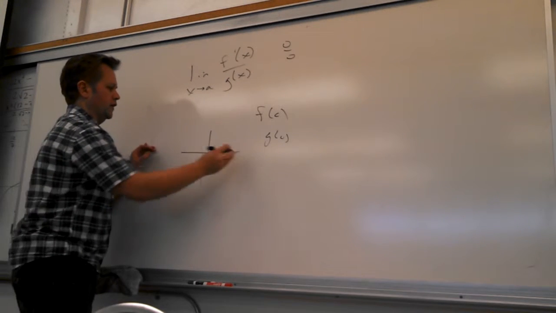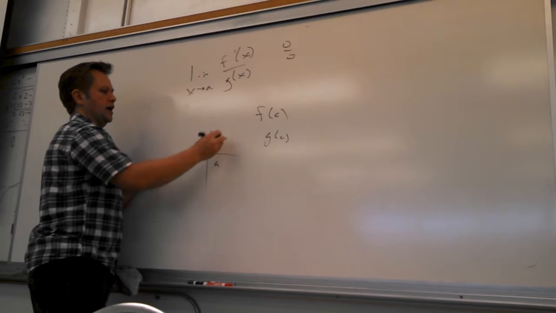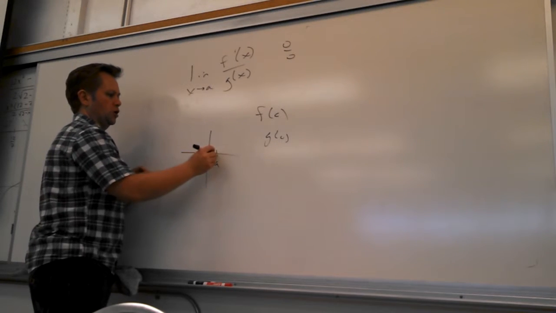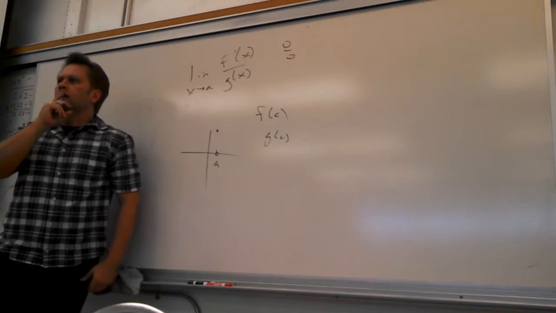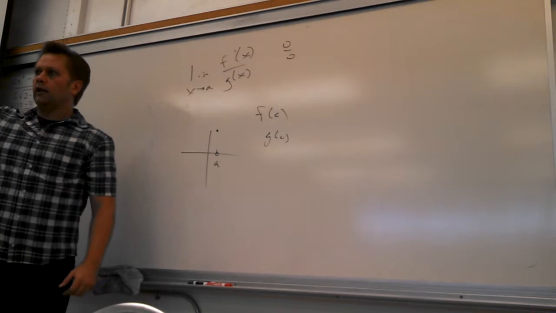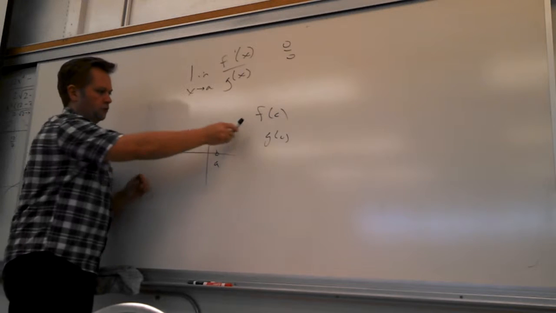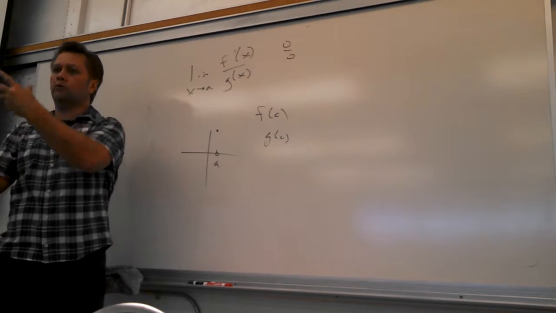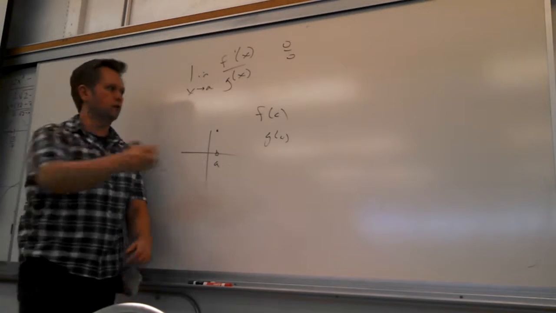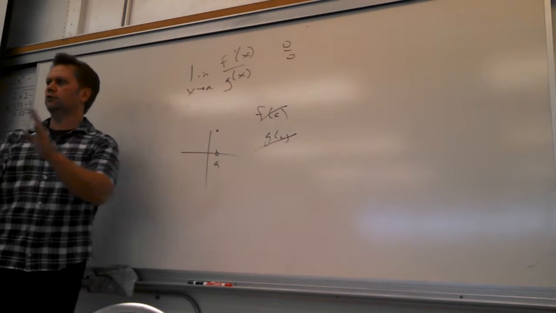Even if at a, if the limit to a is 0, it could be an open circle there, right? And it could be really up there. But who cares? The linear approximation I make would run through that. So the value of the linear approximation would be 0, and that's why we were able to just kill those.